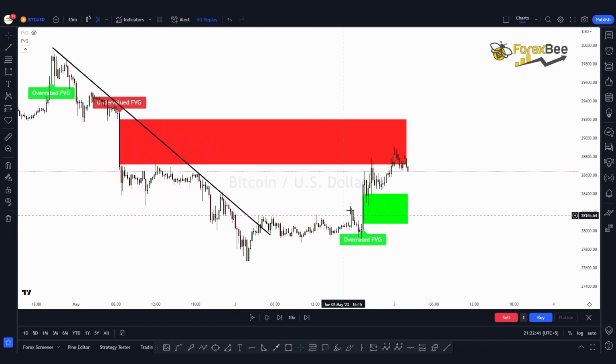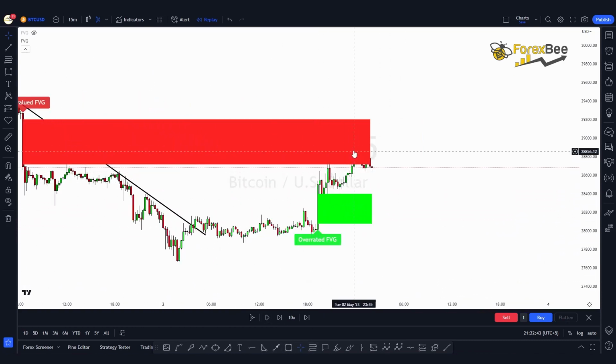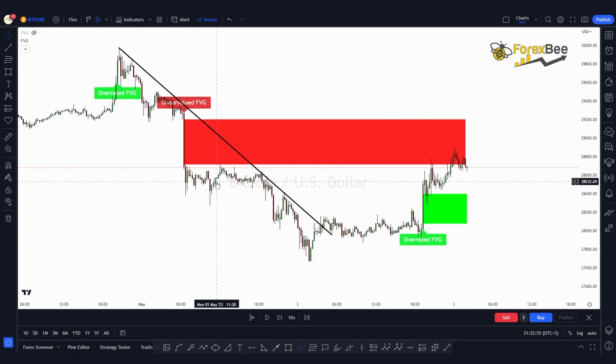As you can see, the market did come back into this area here, into this undervalued fair value gap to fulfill this area. And this is how we can use the fair value gaps indicator in our trading strategy to identify and trade the fair value gaps. This was just one example, and there are multiple scenarios and multiple trading strategies that you can make. Let me show you how much movement we were able to capture using this fair value gaps indicator.